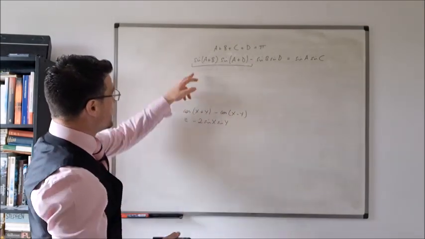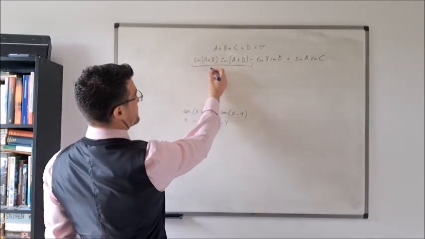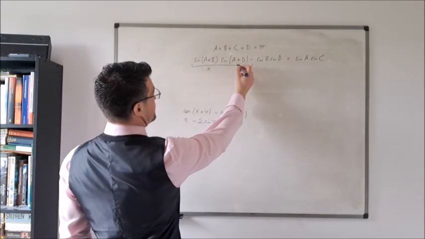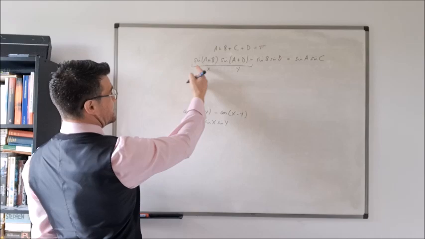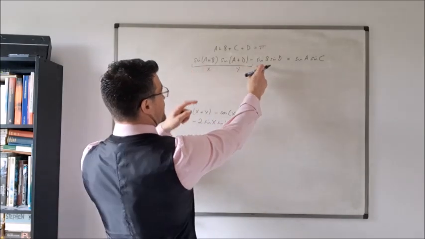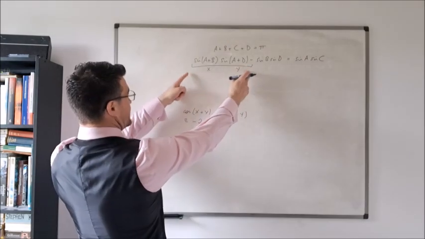Because if you notice, we've got something that we could call x, and something here that we could call y. I'm just sticking with this bit, forget about the rest for now.